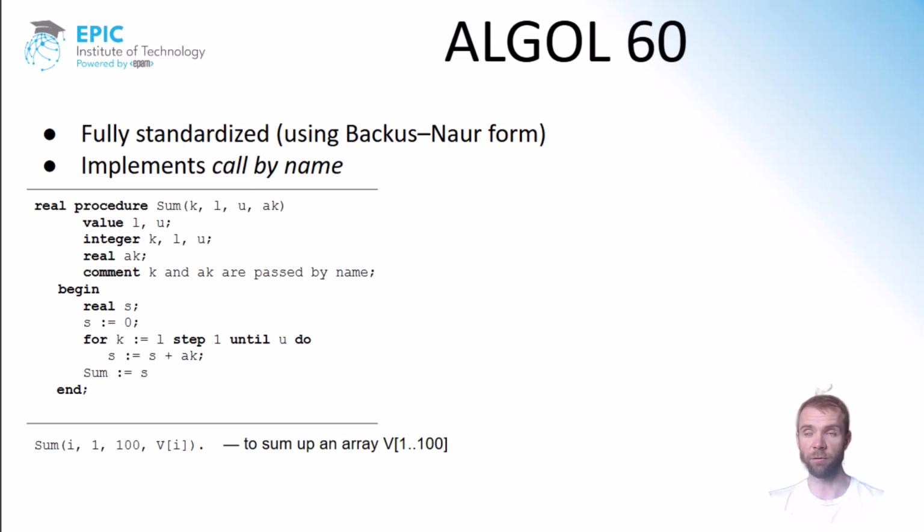While in ALGOL, the name of the parameter is going to be passed, so to say. Well, the implementation, of course, has to be detailed, but still, the name will be used, not just the concrete value of that name.